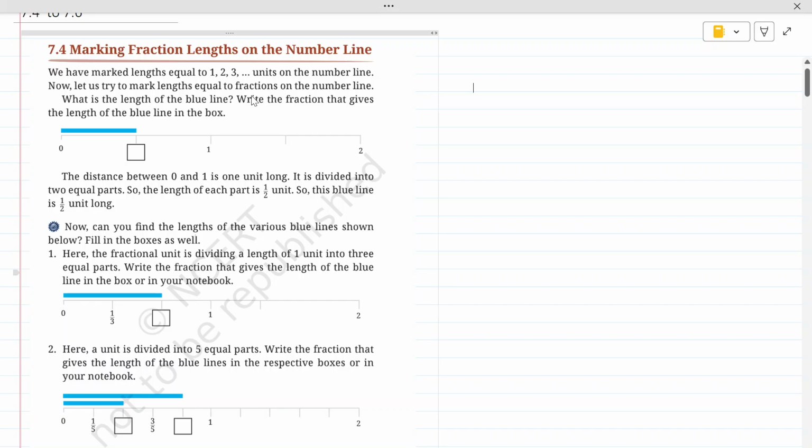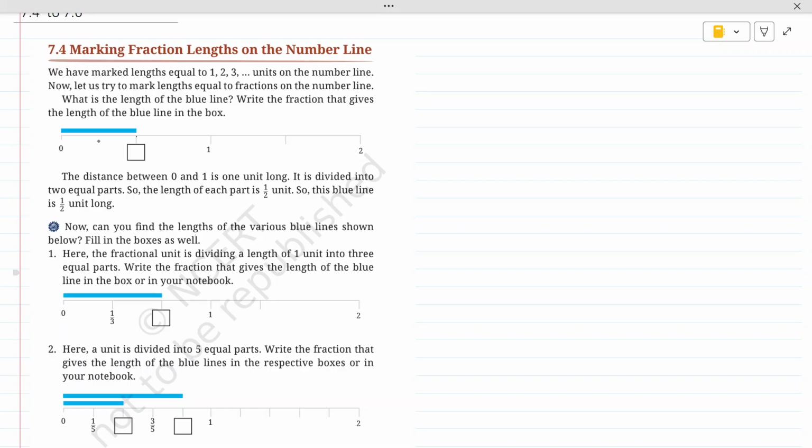What is the length of the blue line? Write the fraction that gives the length of the blue line in the box. So kids, if you see here, this is the number line where we have 0, then this mark is there, 1, another mark, and then 2. And if you notice, all these marks are at equal distance with each other.